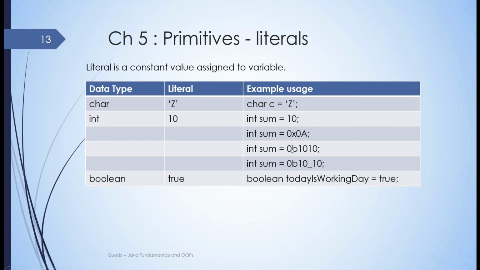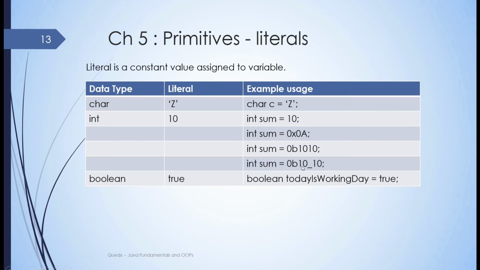If you want to assign this using a binary literal, you'll have to prefix it with 0b. So 1010 is the binary equivalent of 10. Now you can see one peculiar thing here. What we're trying to do is use 0b, then 10 underscore 10. This underscore is just for readability.